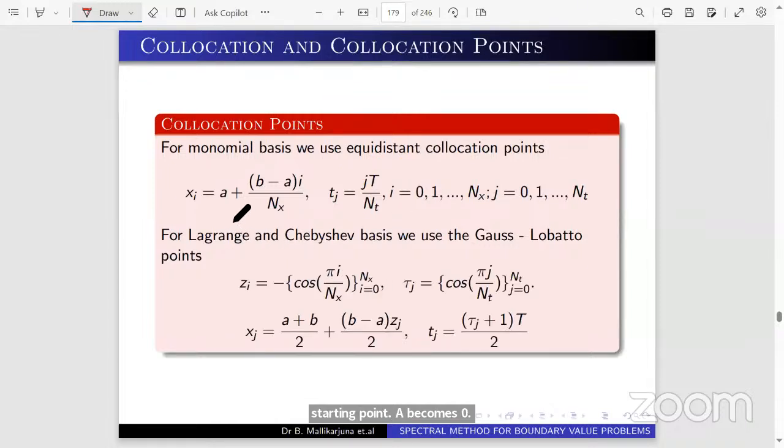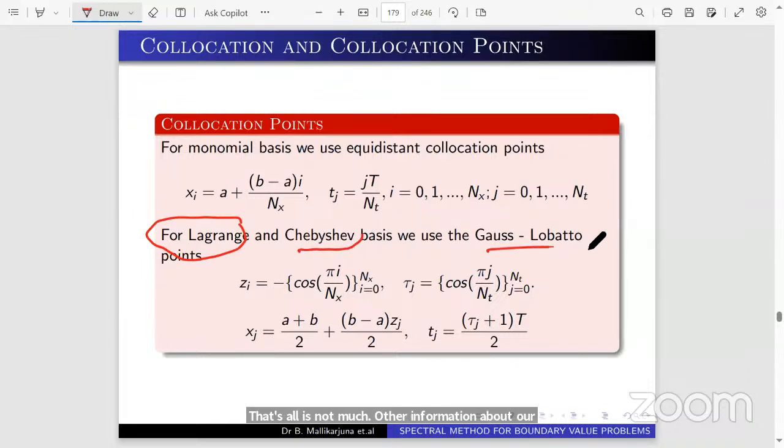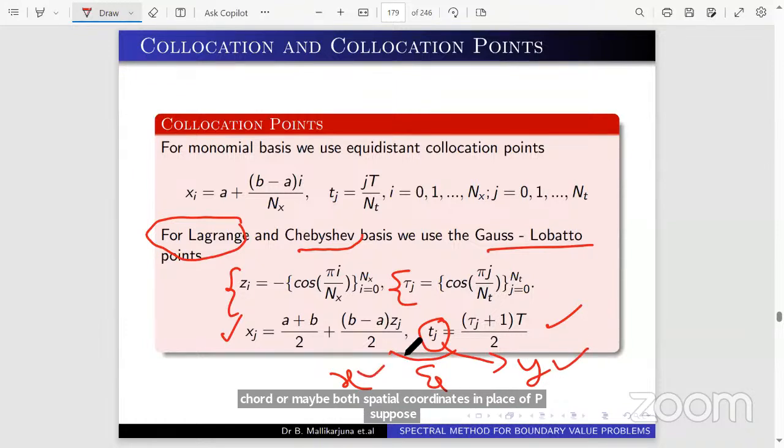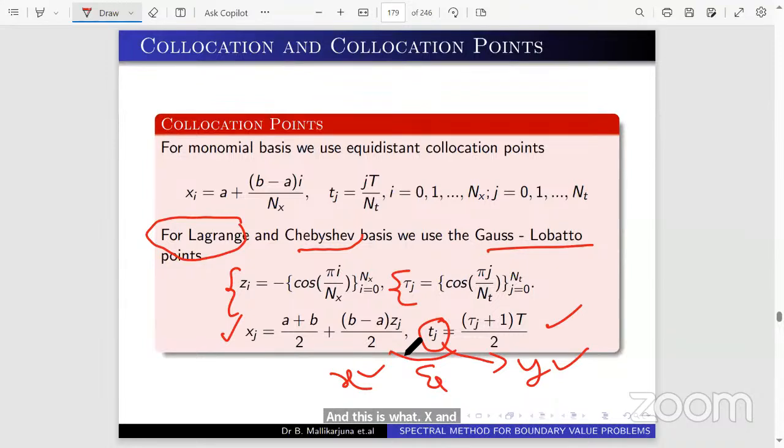Or suppose for Lagrange, we are using Gauss-Lobatto points. This is Gauss-Lobatto for the time and for the spatial coordinates, or maybe both spatial coordinates. In place of t, suppose y, you can take this is x and this is y. x and y, these two are spatial coordinates.